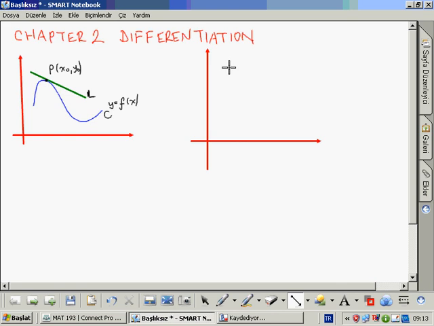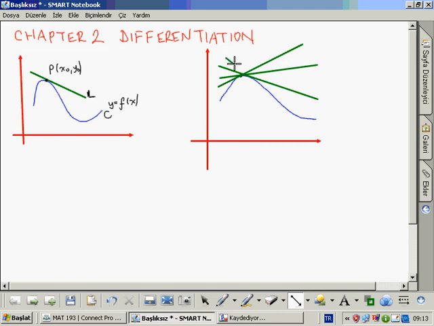If you have a point like that, for example, and you have a line, and this is your curve again, the L line can be like these lines.